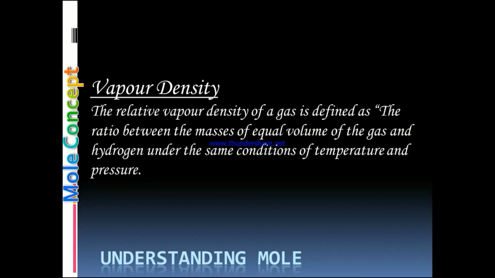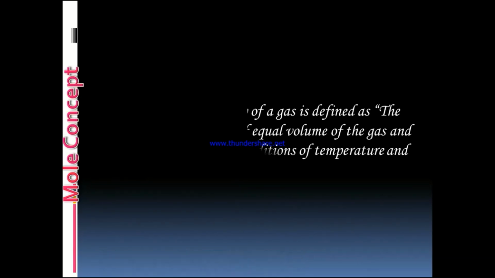What does it mean? If you take 1 liter of the gas and 1 liter of hydrogen, the ratio of their masses is known as the vapor density, or 5 liter of hydrogen and 5 liter of the gas, and we have to measure the mass of them.